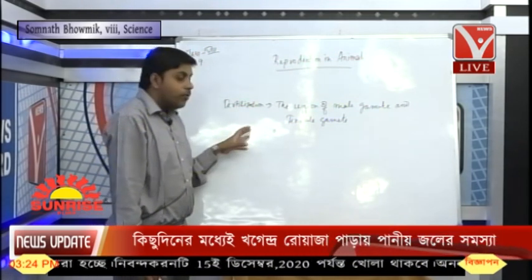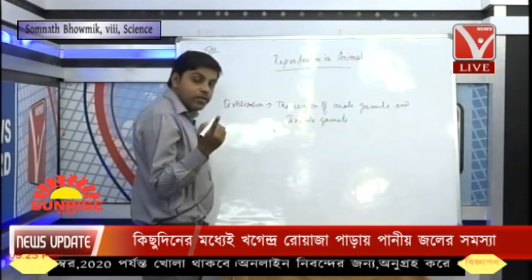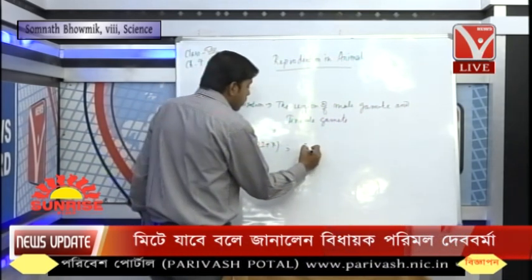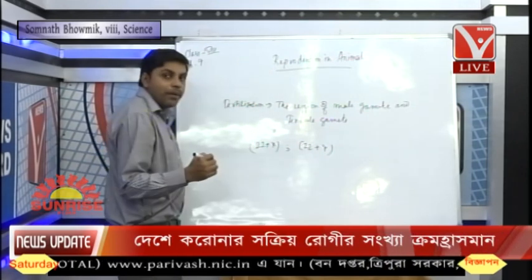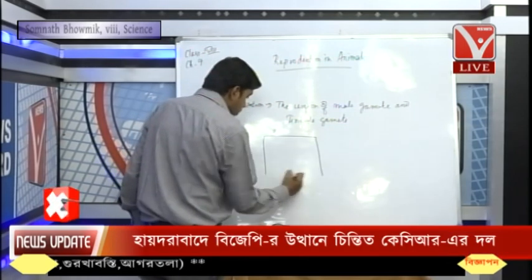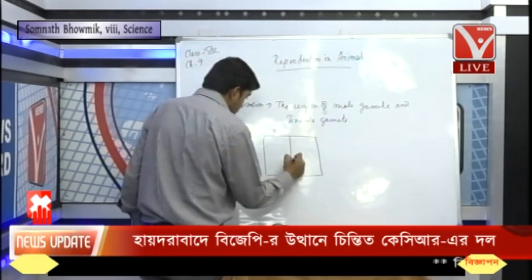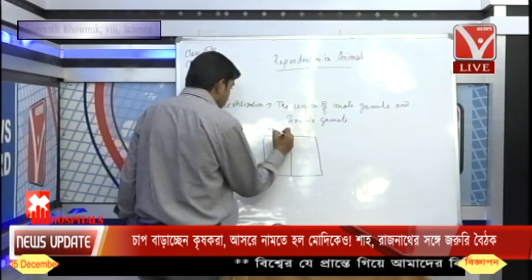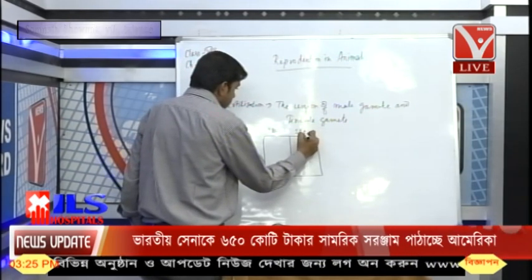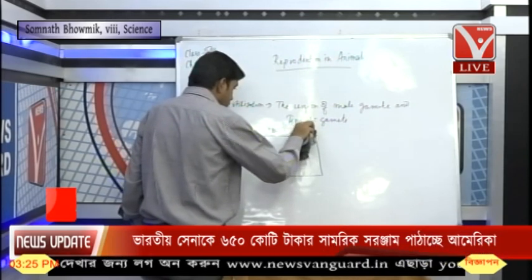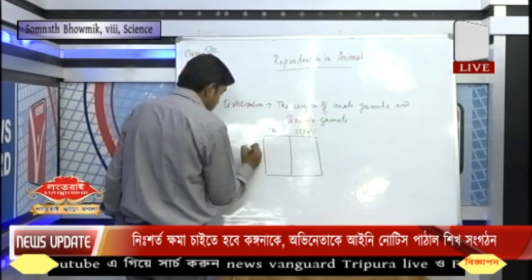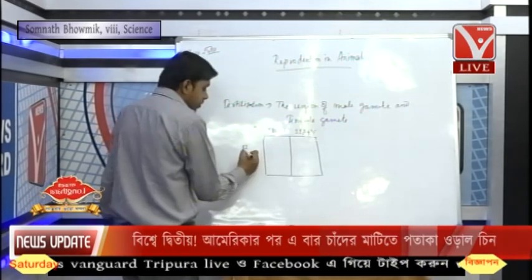What is the nature of the male gamete? We already wrote 22 plus X is one male gamete, or 22 plus Y is another male gamete. Let me draw it in the chat box. This is the male gamete and this is the female gamete.